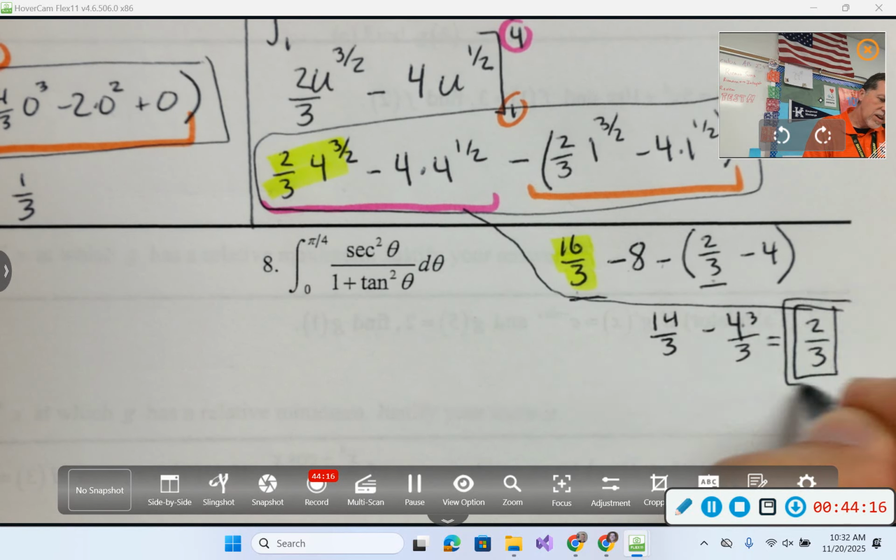But now I've got secant squared over secant squared. Should pull a popsicle stick for that one, right? That would be 1.